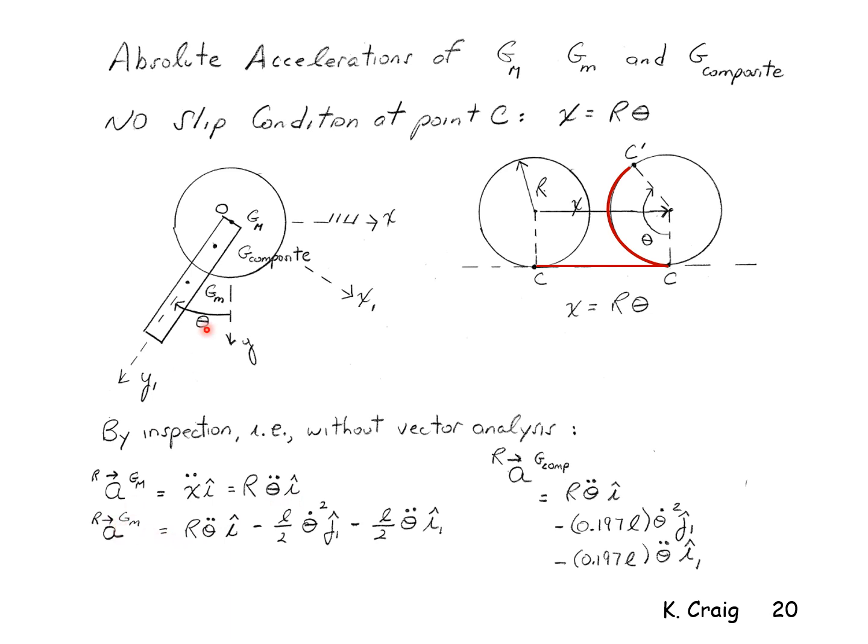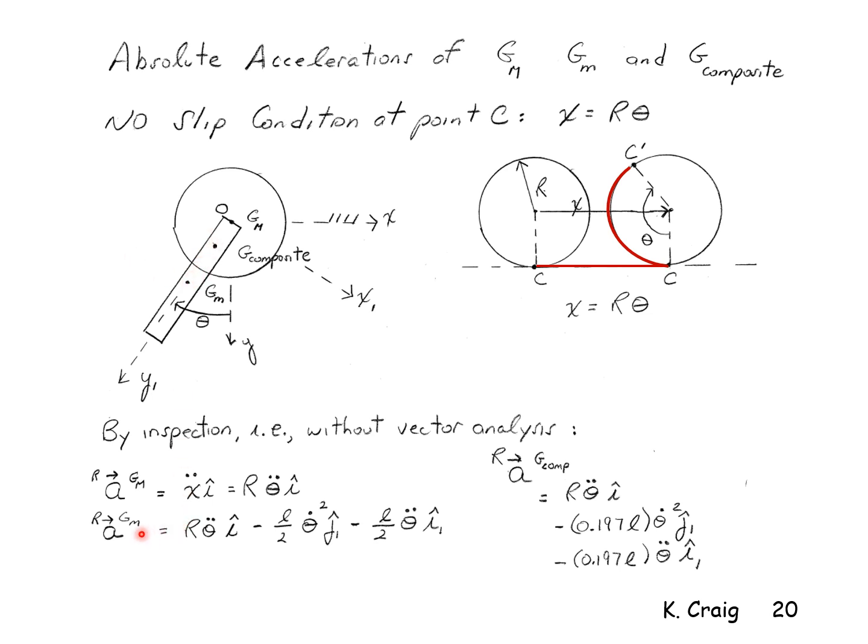The acceleration of the center of mass of the bar in the R reference frame has two components. Well, it has three. It has the component of the center of mass of the disk, because I'm using the expression that the acceleration of the center of mass of the bar is the acceleration of point O with respect to ground, plus the acceleration of the center of mass of the bar with respect to point O, which is a centripetal acceleration and a tangential acceleration.